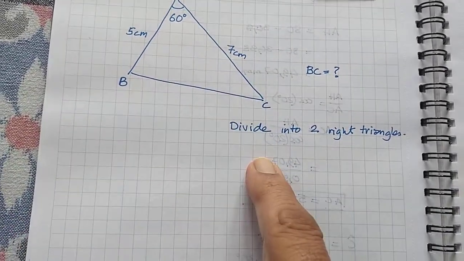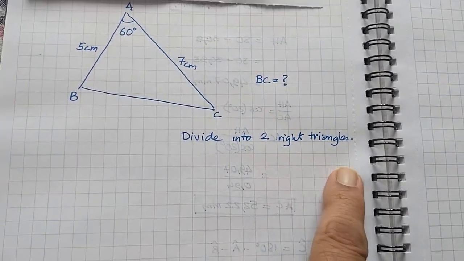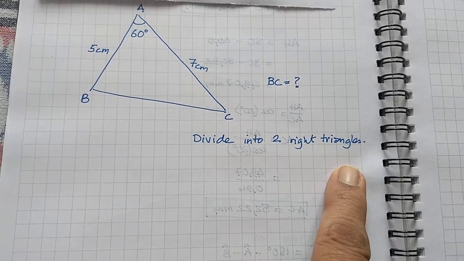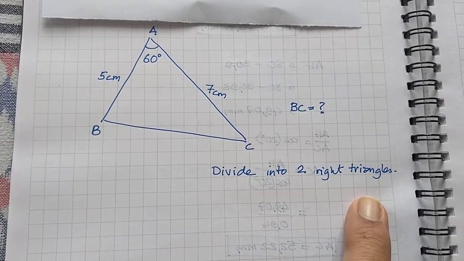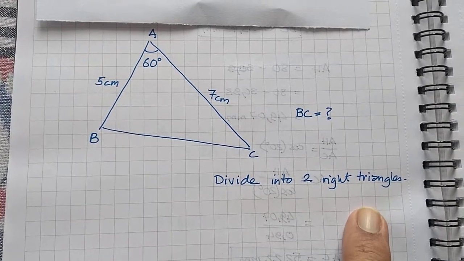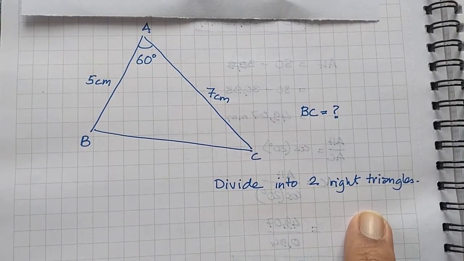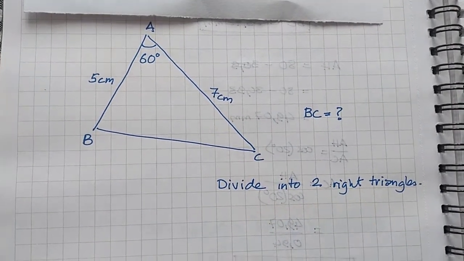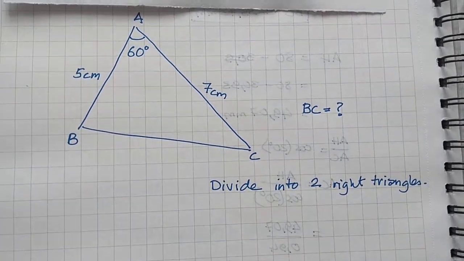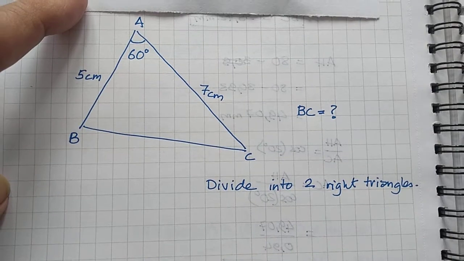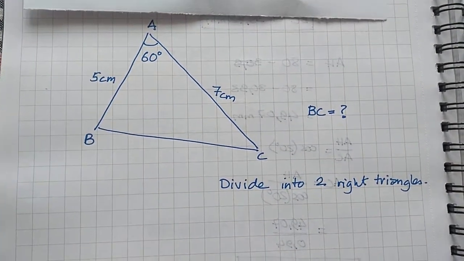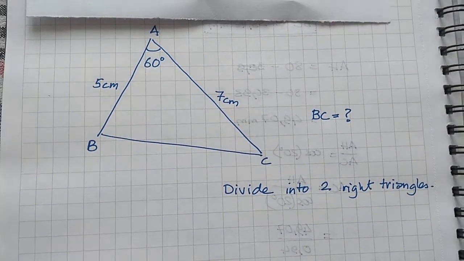So again, my tip is divide it into two right triangles and then proceed from there. But anyway, I will not tell you any more. Try it. You might have to see which way you divide it into two right triangles for you to be able to solve this problem. This is a graded assignment. Okay, I stop here.